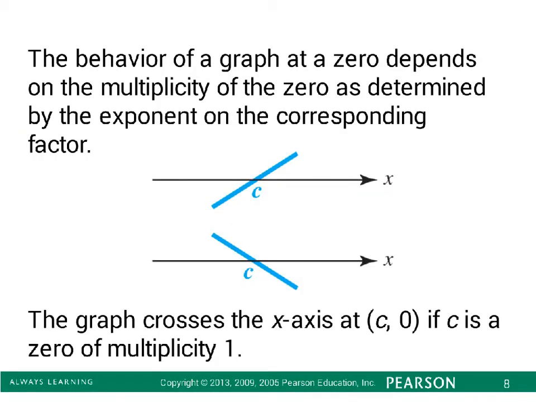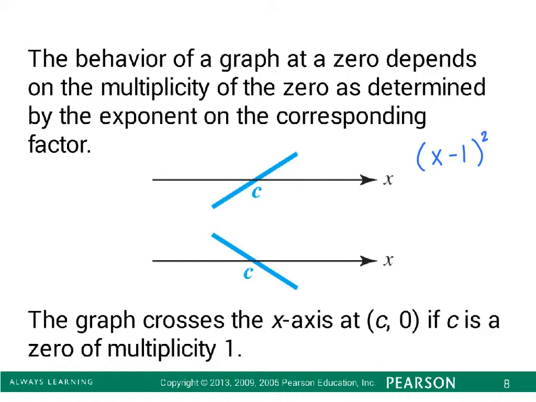The behavior of graphs at zeros depends on the multiplicity of the zero. So we're going to be looking at multiplicities again, which we've studied a little bit in the last section. But multiplicity is this right here, when we have a factor that is being taken to a power, like 2 or 3 or 4.